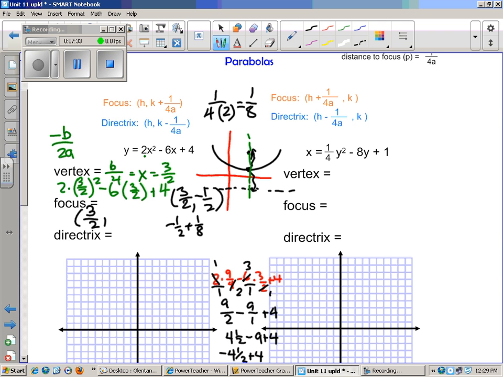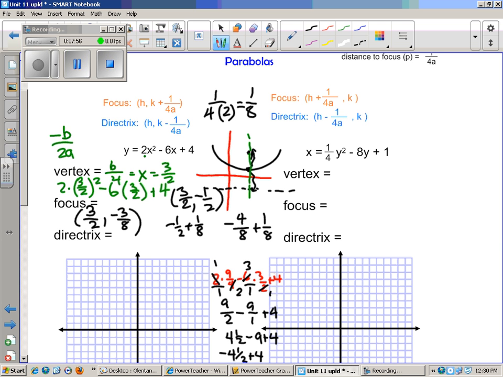You can't add fractions that don't have like denominators, so I'm going to change this negative 1/2 to negative 4/8. And then negative 4/8 plus a positive 1/8 is negative 3/8. So that's the coordinates of my focus.